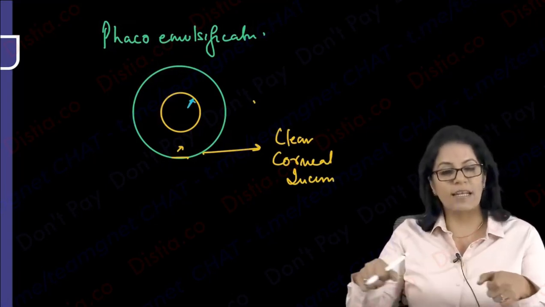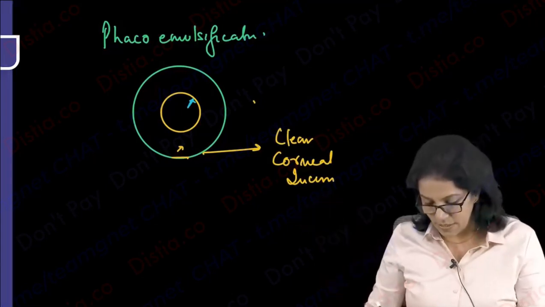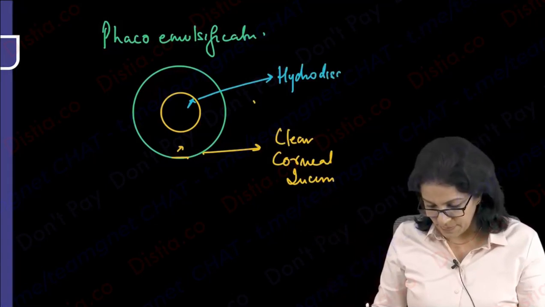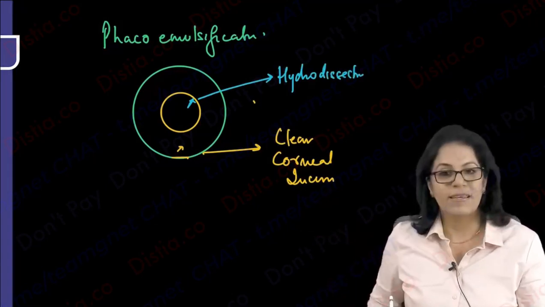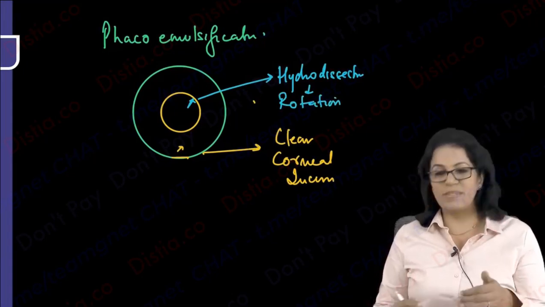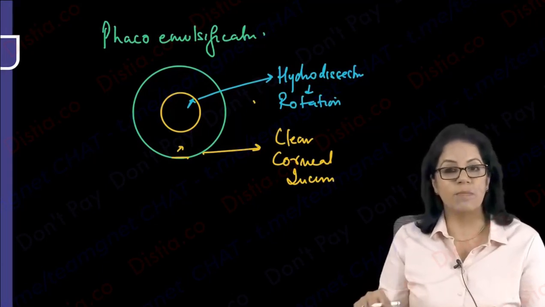I'm injecting water under the capsule to separate the anterior capsule from the posterior. After that, we should always rotate and see that the hydrodissection is complete. So rotation is a very important part.